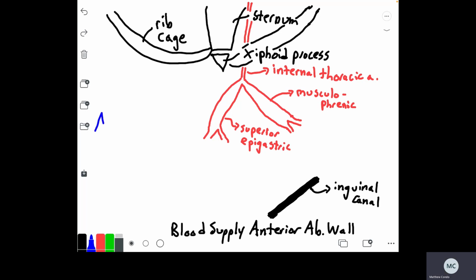So the aorta is going to branch into the right common iliac and a left common iliac.